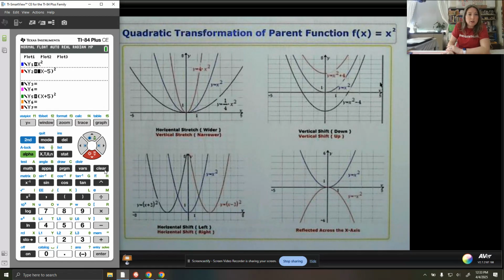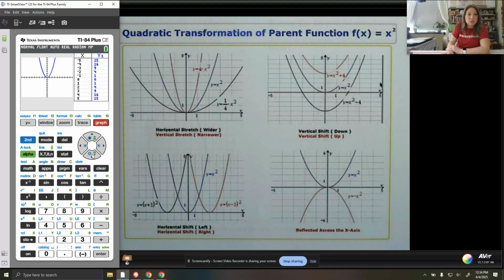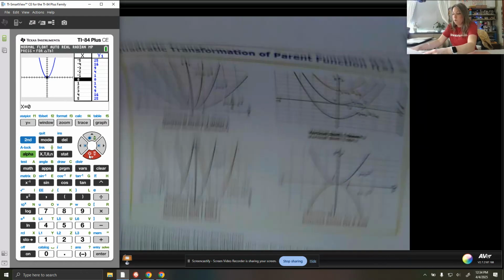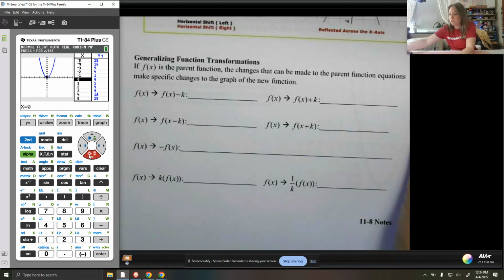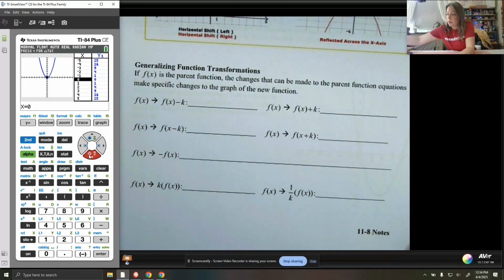I'm going to clear out all of the changes that I made and just go back to having my parent function here and go back to being on my vertex so that you can see where I'm at. Now, let's generalize what these changes look like in f of x form. So in function form, let's generalize what the changes we made are going to be.